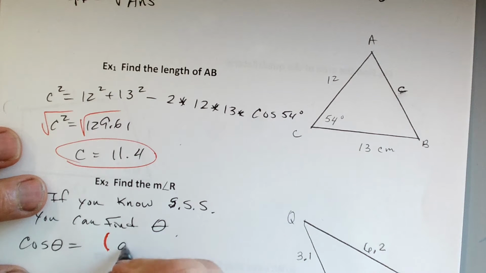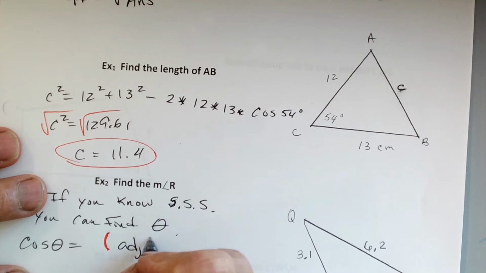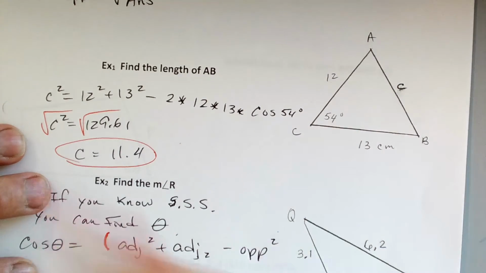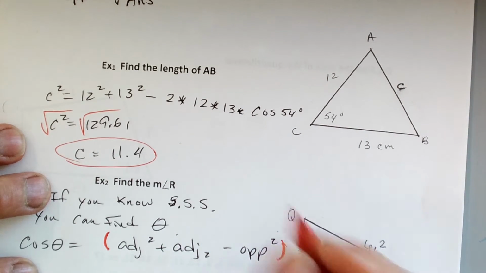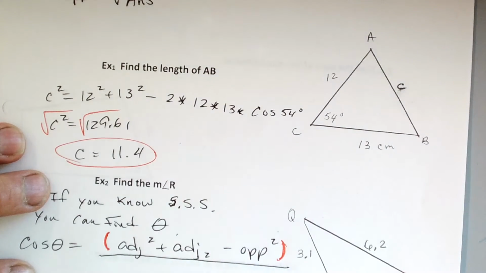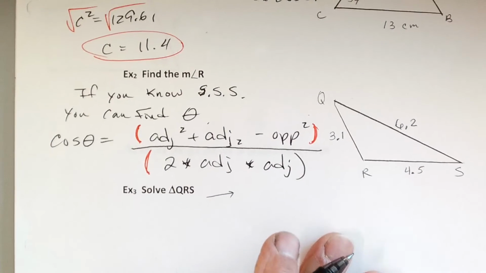It's going to be adjacent squared plus the other adjacent squared minus the opposite squared, parentheses, the parentheses are super important, divided by parentheses, 2 times the adjacent times the other adjacent. Sorry guys, okay, there it is.